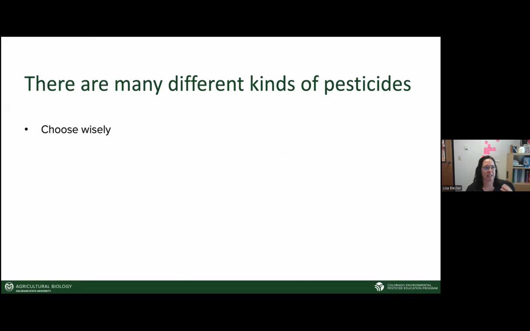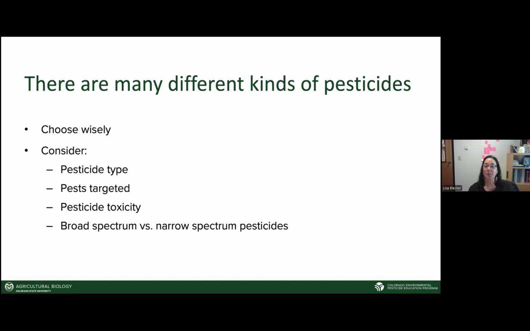What are some components or characteristics of a pesticide you might want to consider before you make that purchase and make that application? So I think that you should consider the pesticide type, so making sure you're targeting the right pest. I think you should consider pesticide toxicity, not just to the environment, but also to humans, because you can be exposed to pesticides in the process of applying them.